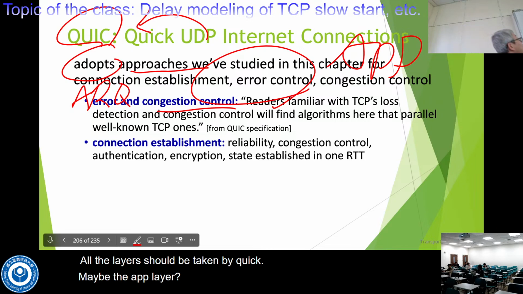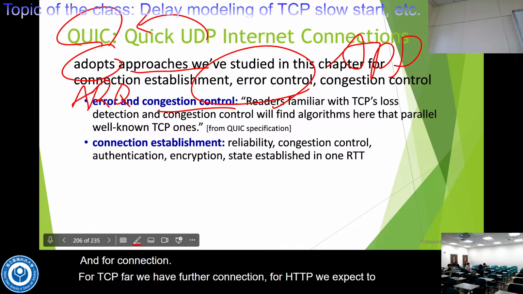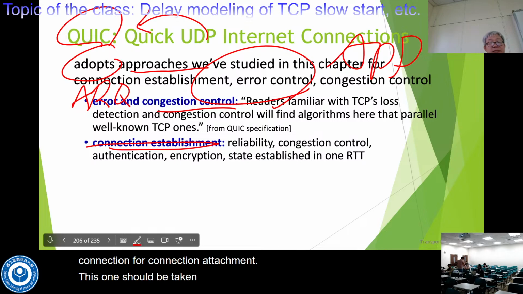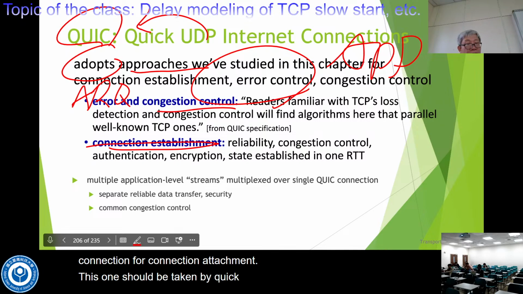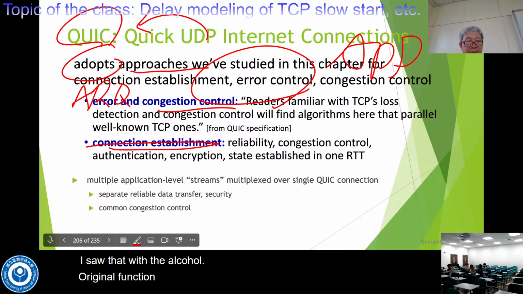And for connection, with TCP we in fact have the connection, and for HTTP we expect to have the connection. Connection establishment should be taken by QUIC and the app layer, so that we still have the original function of HTTP.